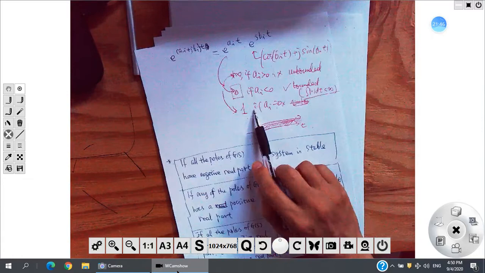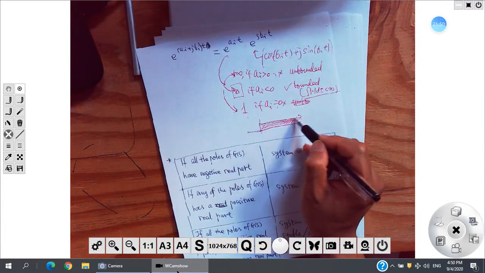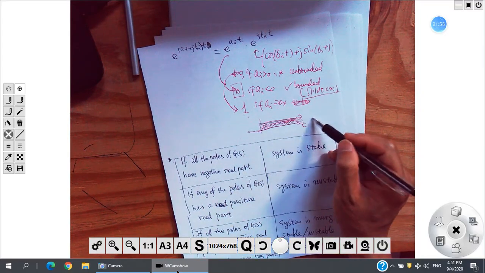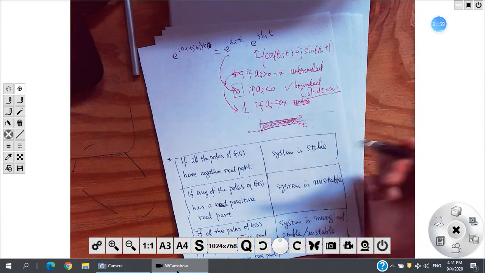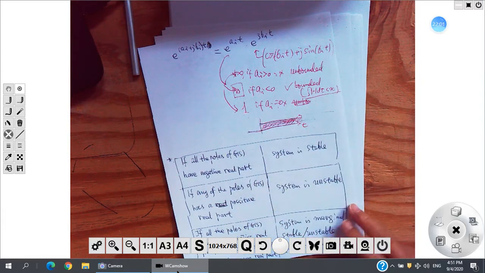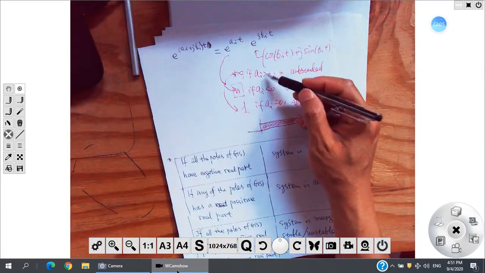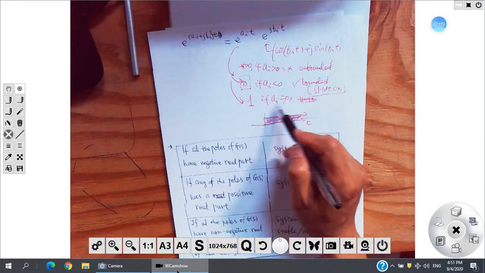If the real part is 0, you consider the integration of this one, and you get infinite, because as t goes to infinite there will be 1 forever. The area below the function is infinite. So only this case it is stable. These two cases are not stable. However, this case is kind of special.